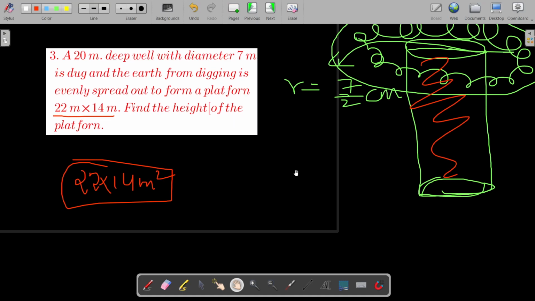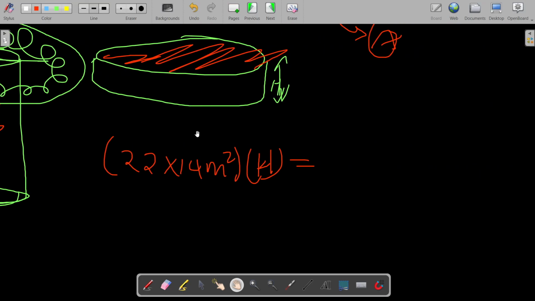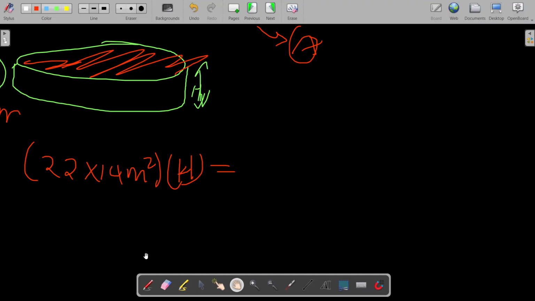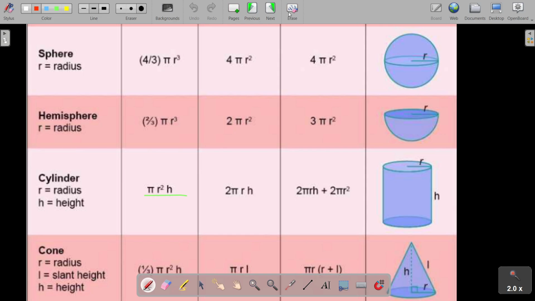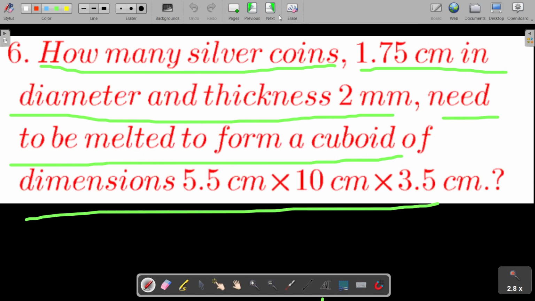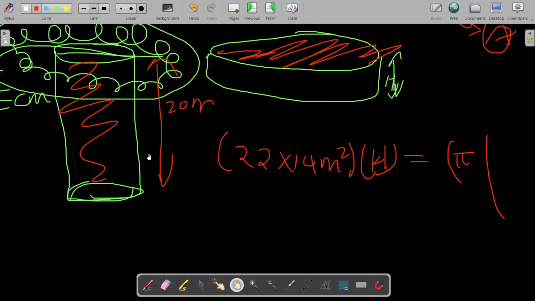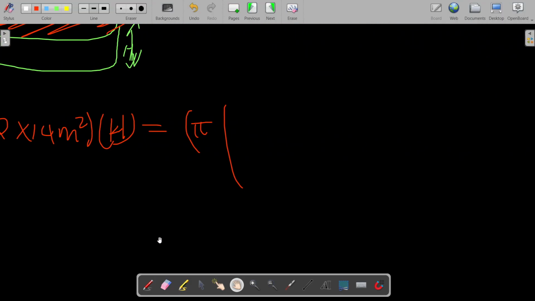And for the cylinder, we need to find the volume. For this cylinder the height is 20 meters. The volume of a cylinder is pi r squared h. So the volume of the cylinder is pi times the radius, 7 over 2 centimeters.